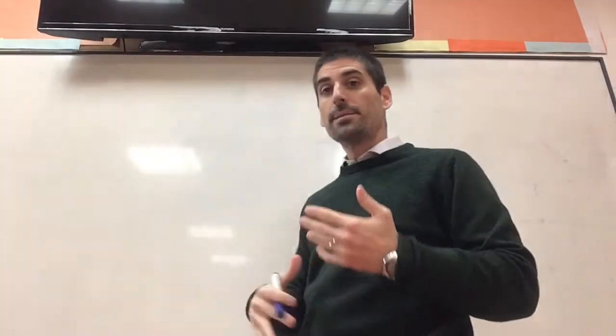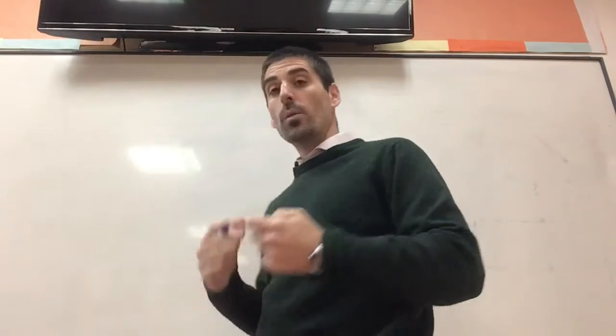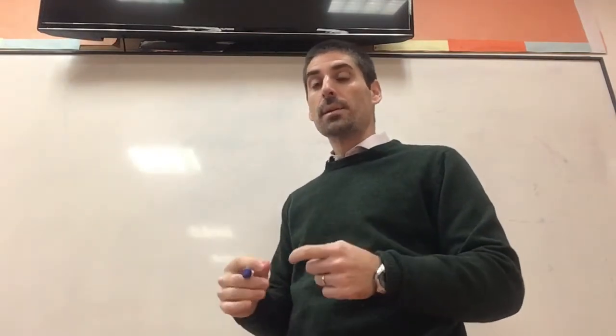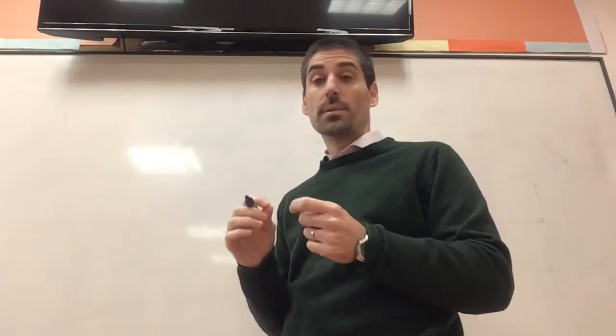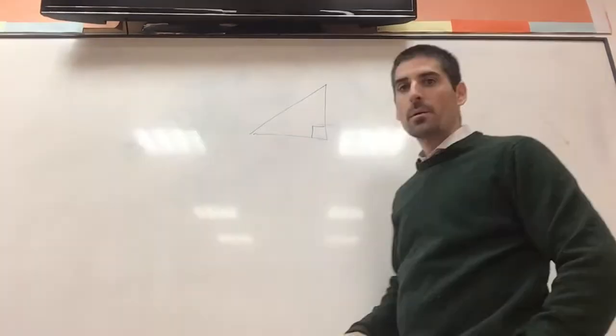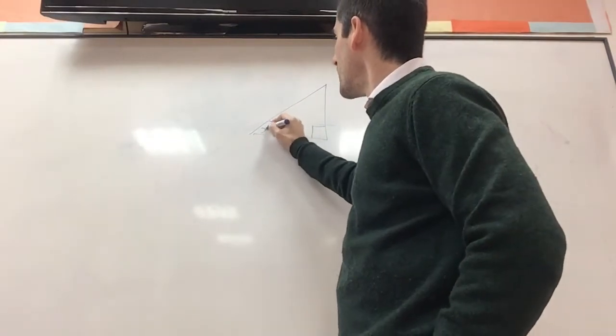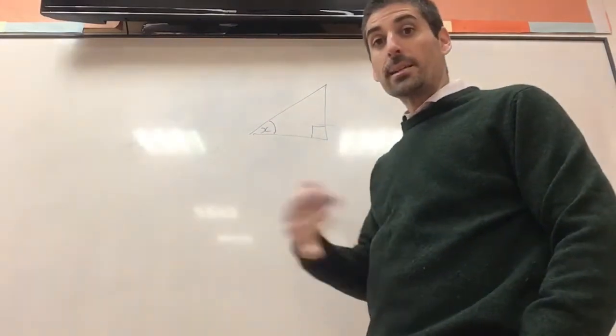Once you've identified the adjacent, the opposite, and the hypotenuse, we can start calculating something called the trigonometric ratios. Right. So here I've got my right angle triangle. I am looking at it from angle X. I need to label the sides.